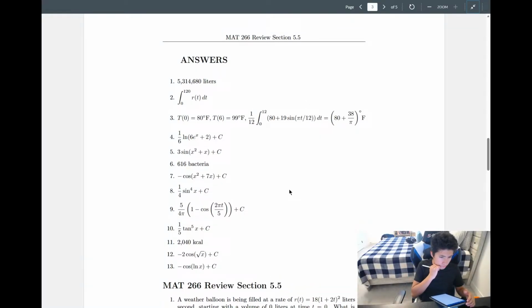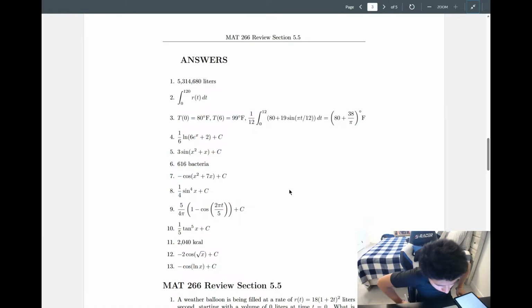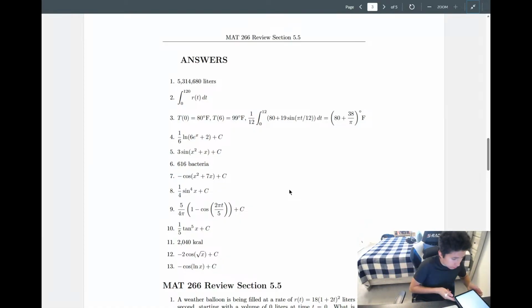Question 3. We got t of 0 equals 80. We got the correct. For B, we got 99. They also got 99. Let's go. And for C, we got 0. And they didn't. Oh, because I forgot the 80, did I?